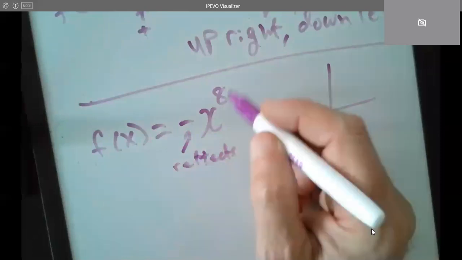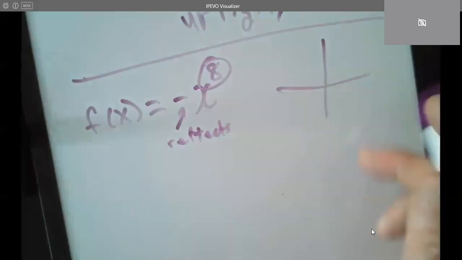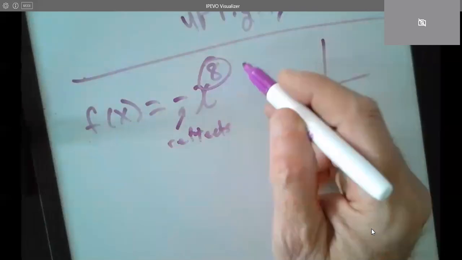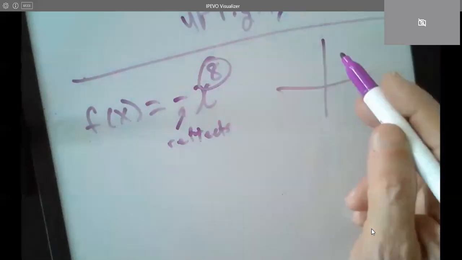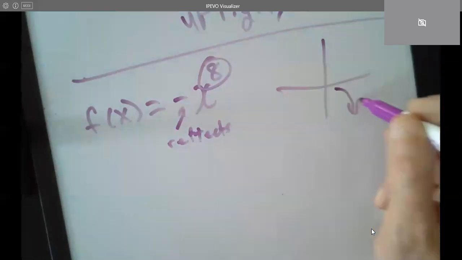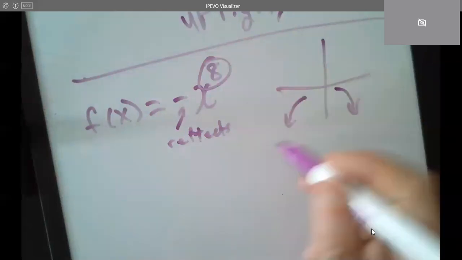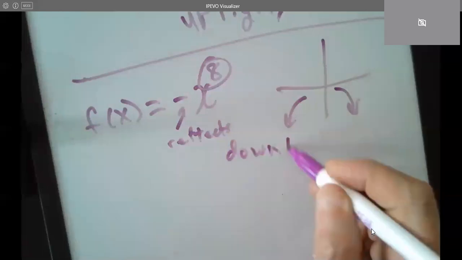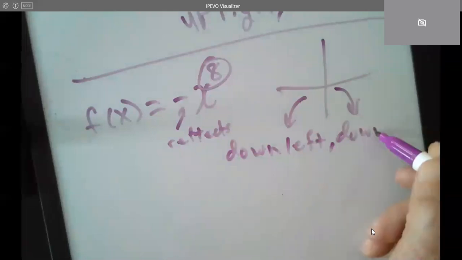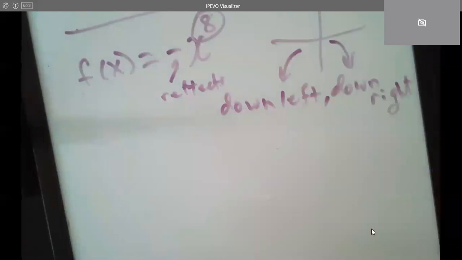And this is even, so what's the end behavior going to be? It's even, right? 8 is an even number. So is it going to be up to the right or down to the right? Down, right, good. And how about on the left side? Down, left, good. So it's down, left, down, right. Okay, questions there?